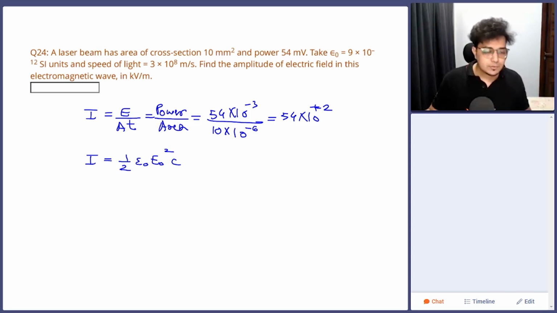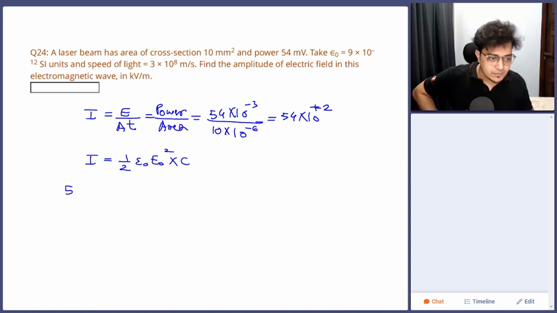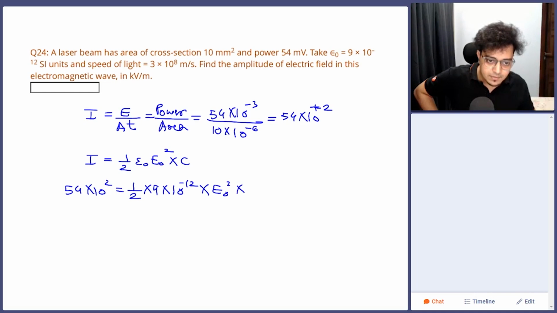Okay. So let's put all the values that we know. Intensity value we already know, 54 into 10 to power 2. Half, epsilon naught value is 9 into 10 to power minus 12. E naught square we have to figure out, and C is already given, 3 into 10 to power 8.